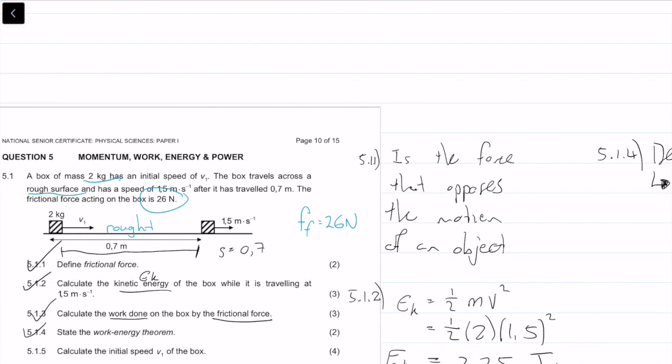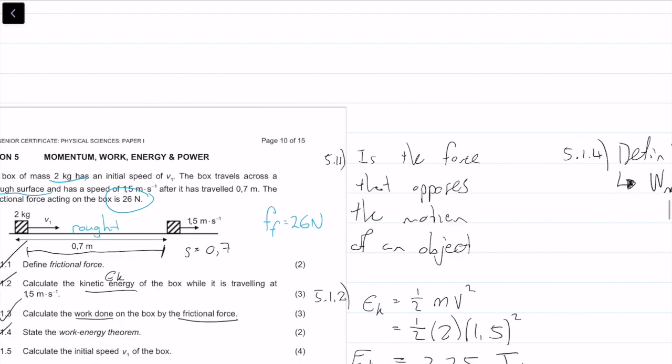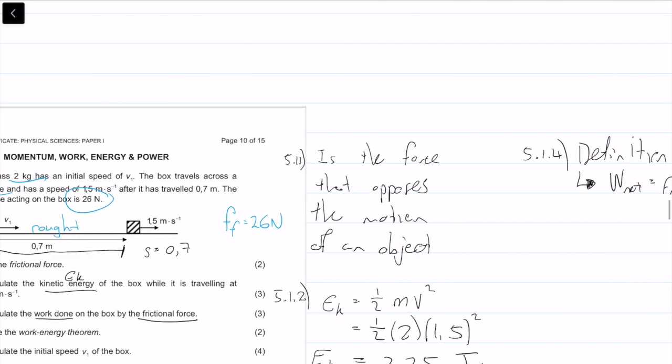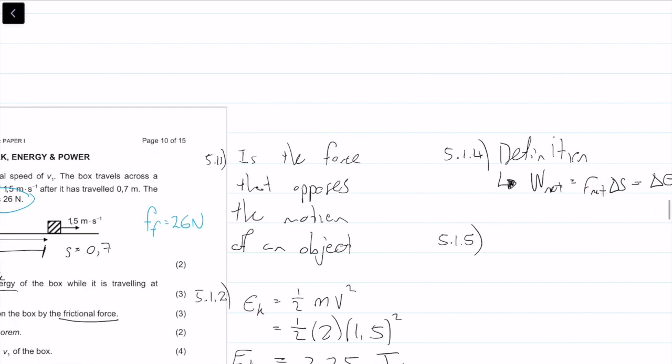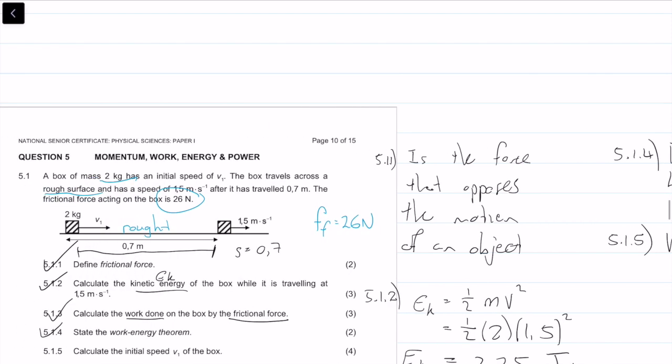And then it says calculate the initial speed Vi or V1 of the box. Okay, so because we just spoke about the work energy theorem, I'm going to use that theorem. So 5.1.5, I'm going to use that the work net is equal to the change in EK. Okay, so now we just need to think about this system. So if we draw a little free body diagram of what's happening here, let's take the positive direction as being to the right, because that's the direction that the box is moving.